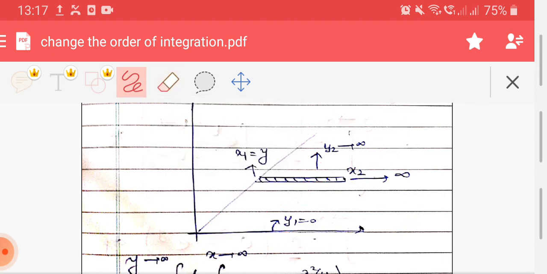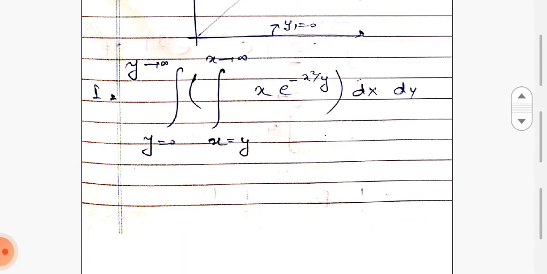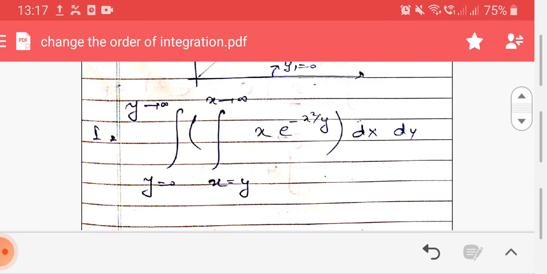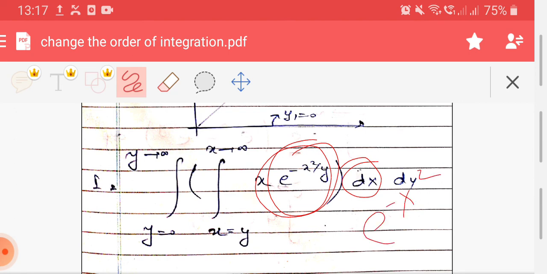Without a diagram you can't solve this question, so every time you change the order of integration, you have to plot a diagram first. You have to plot the xy curve first. So now you can see easily I have changed the order. Now in this particular integration you can see I'm integrating with respect to x only. So this is like treating y as constant, just like e to the power of minus x square into x.